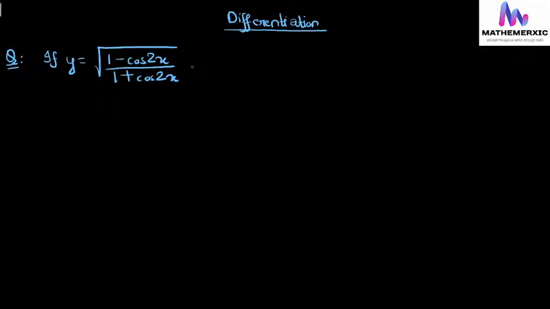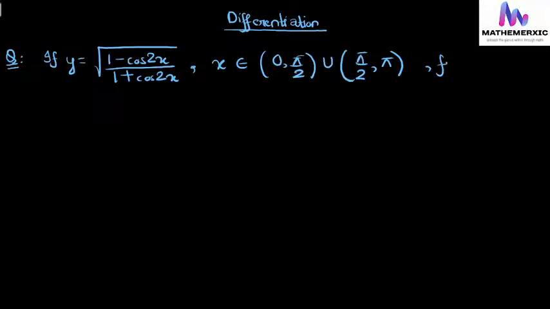If y is equal to this, and x belongs to 0 comma pi by 2 union pi by 2 comma pi, we need to find dy by dx.